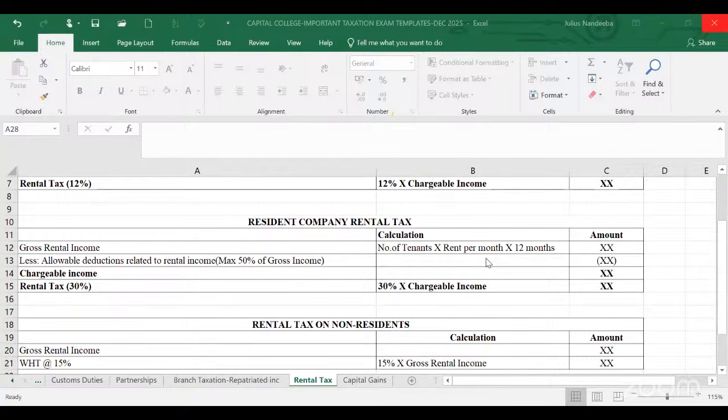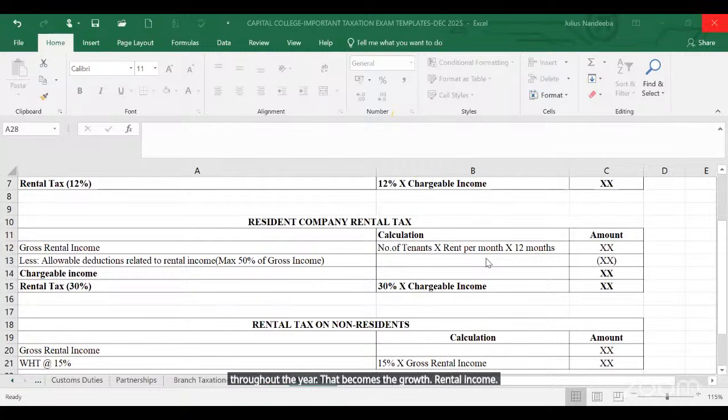We are a partnership, but we also have apartments. We are a partnership, but we also have an arcade where we're collecting rent. So I aggregate all the rental income that has been earned by the partnership throughout the year. That becomes the gross rental income.